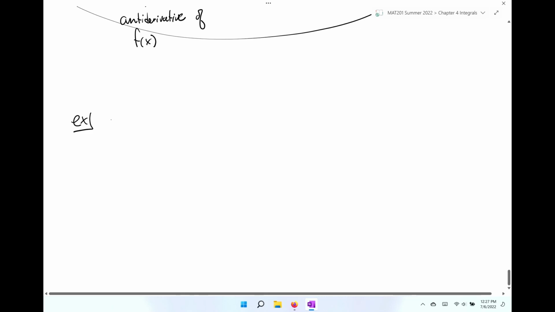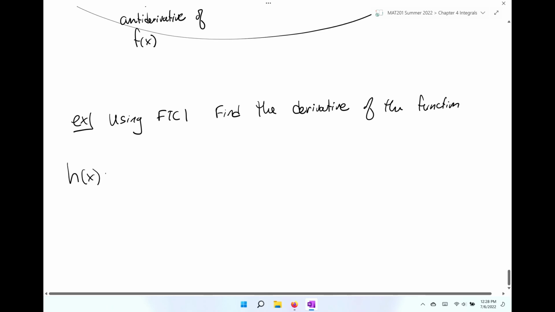Using the Fundamental Theorem of Calculus, Part 1, find the derivative of the function h(x) equals the integral from 2 to 1 over x of sine to the fourth of t, dt.